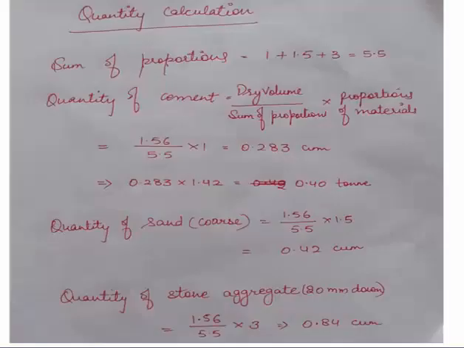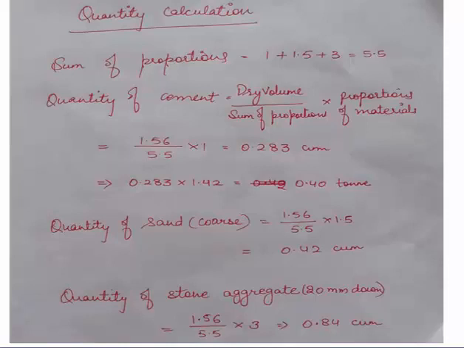So students, now calculation of the quantity. As we have done in the previous analysis, the same steps will be followed for the calculation of the material, that is the sum of proportion, that is 1 plus 1.5 plus 3 equal to 5.5.